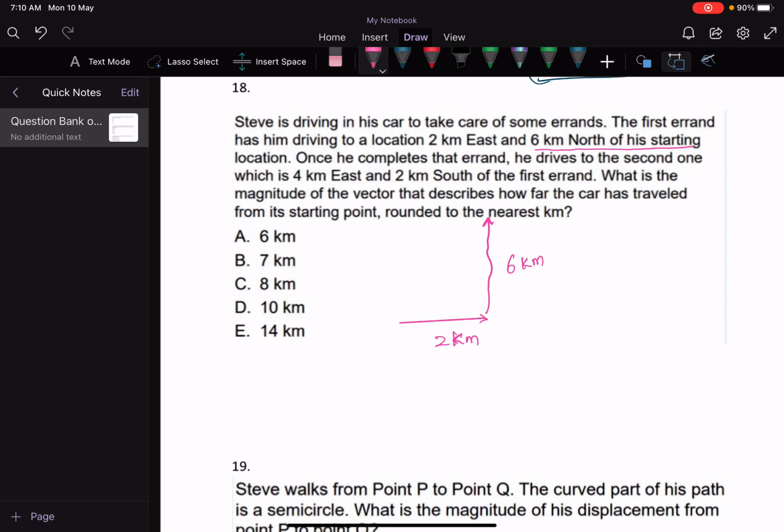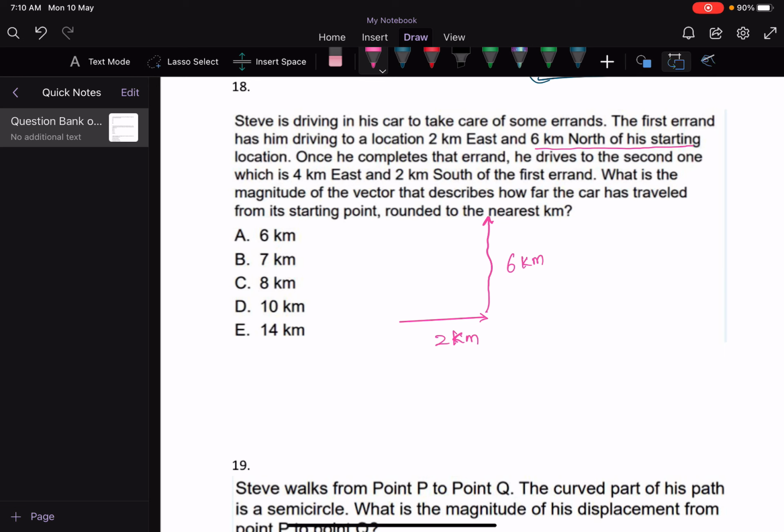Once he completes that errand, he drives to the second one, which is 4 kilometers east and 2 kilometers south of the errand.